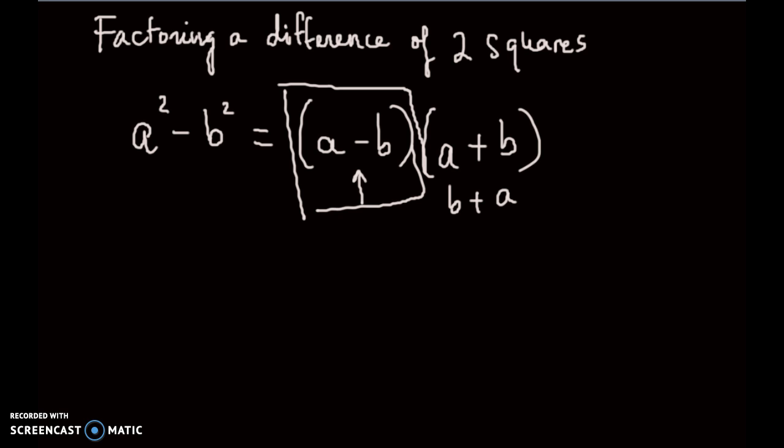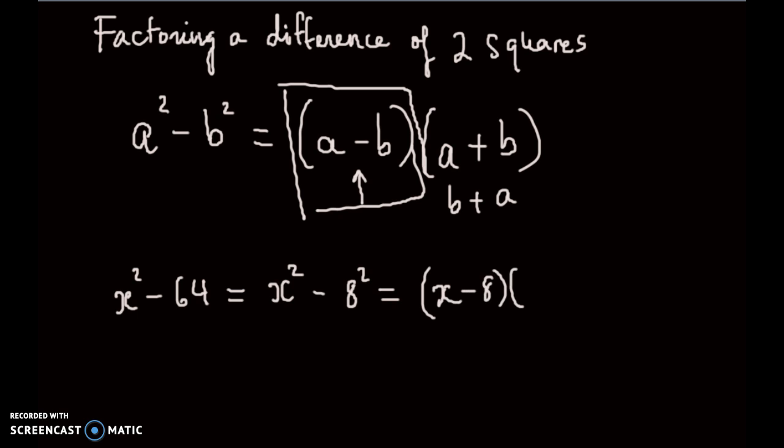So for example, I have x squared minus 64, and I know that x squared is the first square. 64 is 8 squared, and this equals x minus 8 times x plus 8.